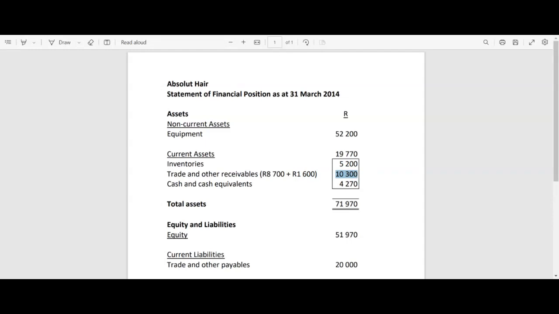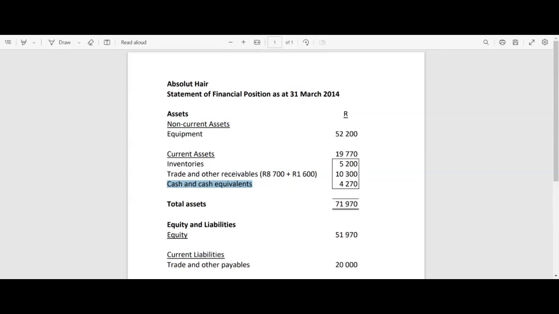And then we've tallied up our bank account. How do we disclose it, ladies and gentlemen? Please get used to this, because this is a term that is specifically mentioned in International Accounting Standard number 1, which deals with the presentation of financial statements. We'll do IAS 1 at the beginning of our second year, right?